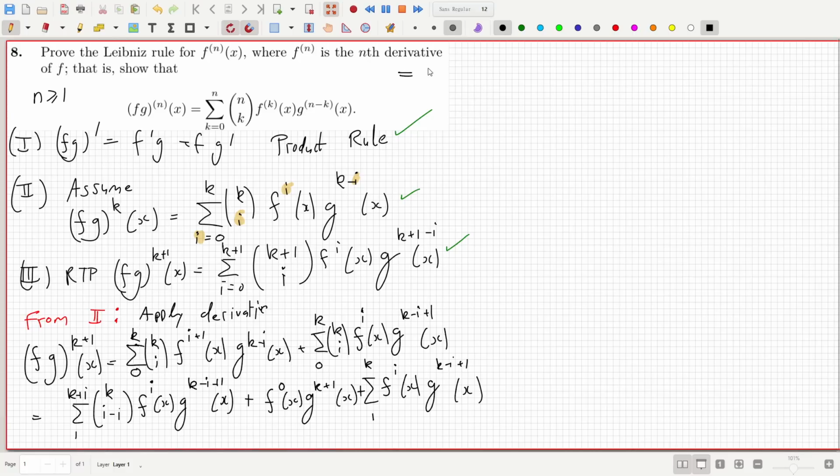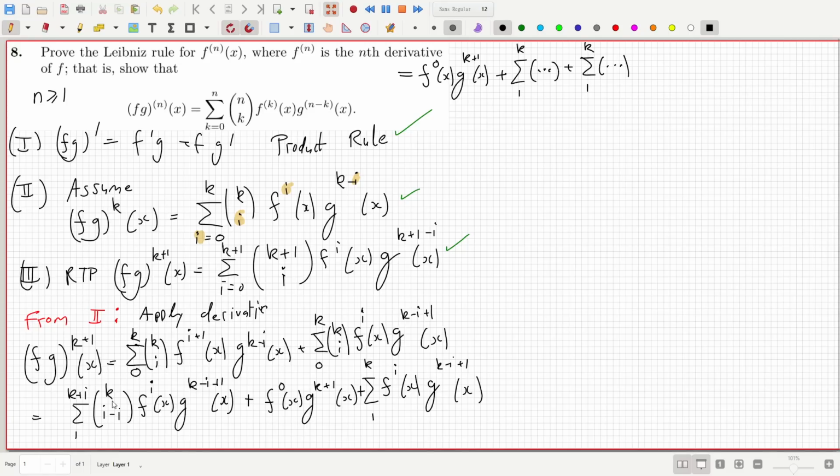So it'll be f 0 x g k plus 1 x plus the first sum going from 1 to k, and then the second sum going from 1 to k as well. I just have to save a bit of space, so I'll just write dot dot dot here.